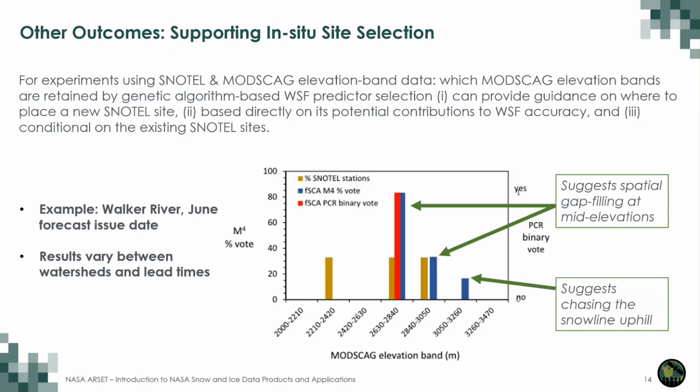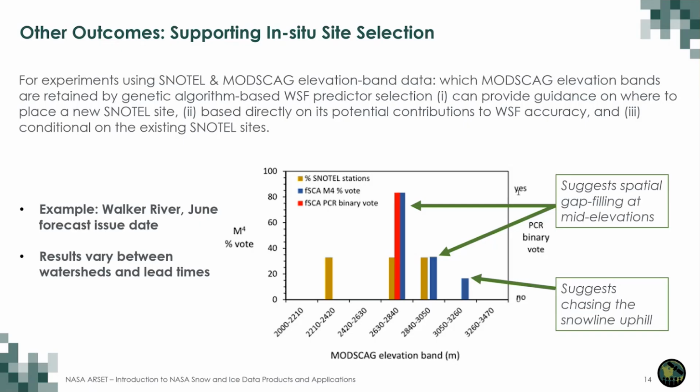What that suggests is that, and remember, this is all in terms of the accuracy of a water supply forecast model, which is ingesting and conditional on the in situ monitoring network. So what this is essentially telling us is that it would be beneficial if we had an additional SNOTEL station at these mid elevations for spatial gap filling, essentially, as the snow line is either, you know, right. Well, in this case, it's a June forecast, so you know the snowpack's starting to become a little bit patchy.